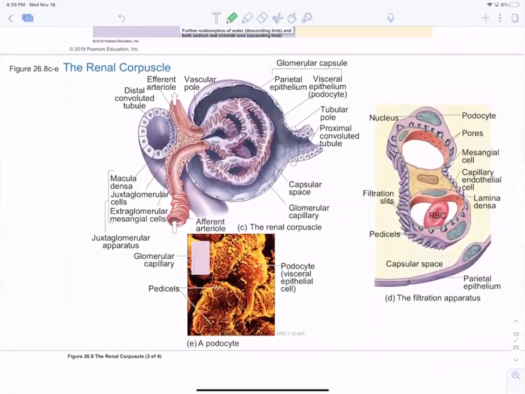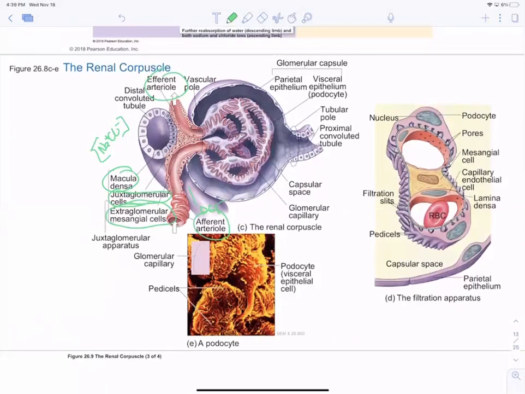As the distal convoluted tubule passes by the afferent and efferent arteriole, you have these mesangial cells, the juxtaglomerular cells, and the macula densa. And these cells are monitoring sodium chloride concentrations in the urine filtrate.